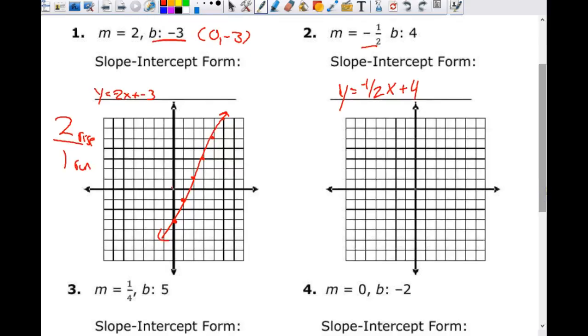We have a y-intercept at 0, 4. So at 0, 1, 2, 3, 4. And we have a slope of -1 over 2. So instead of going up over 2, we're going to go down over 2. Down over 2. Down over 2. Looks like this.